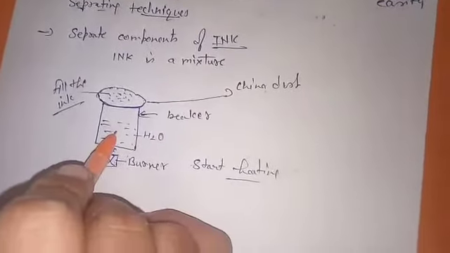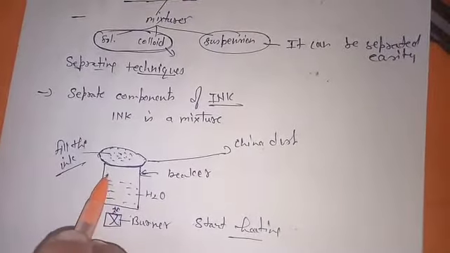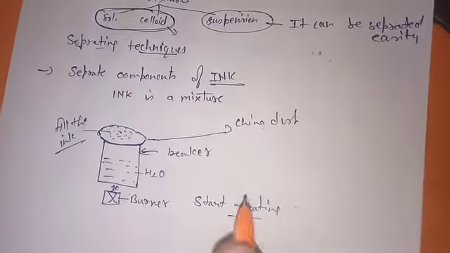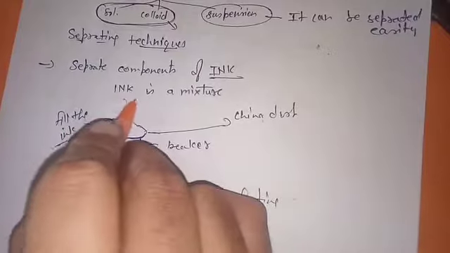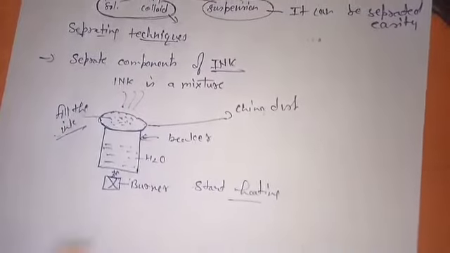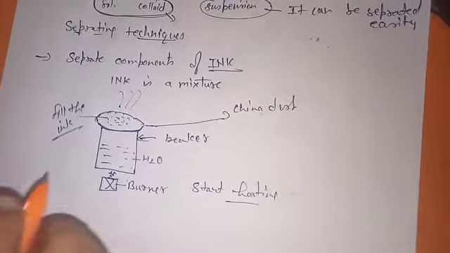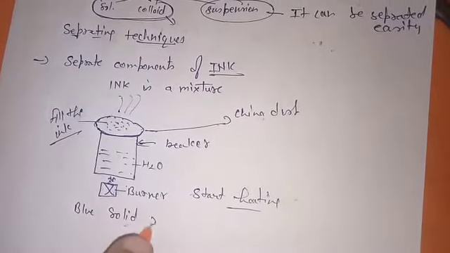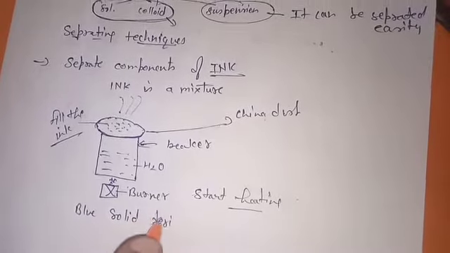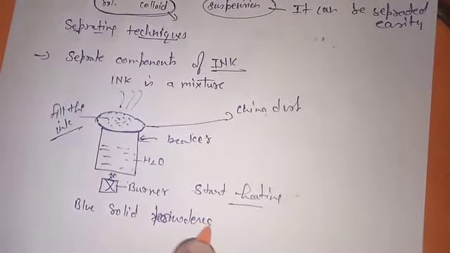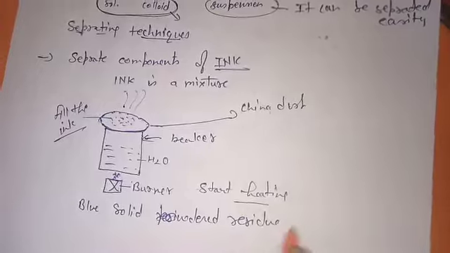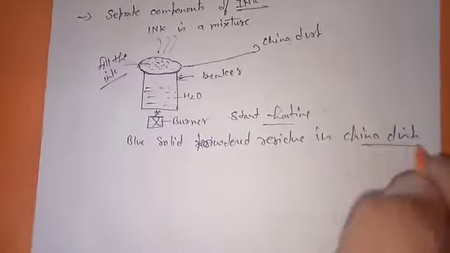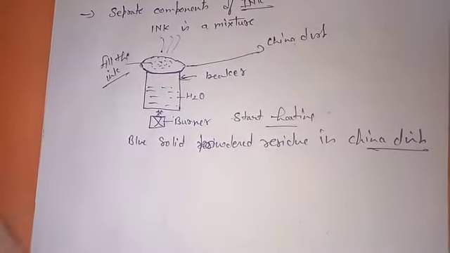We have to heat the water first, which converts into steam and heats the china dish, and when we heat the china dish, vapors start coming out. After some time you will see a blue solid powdered residue in the china dish.